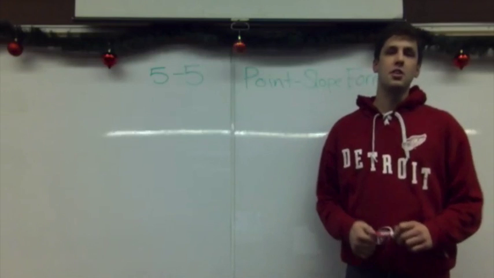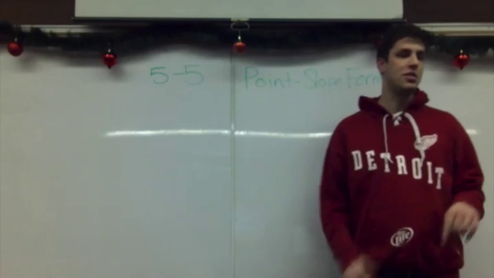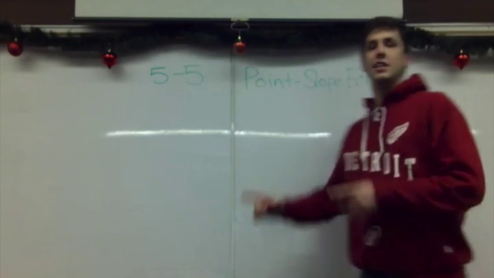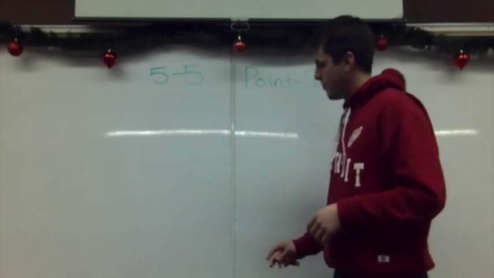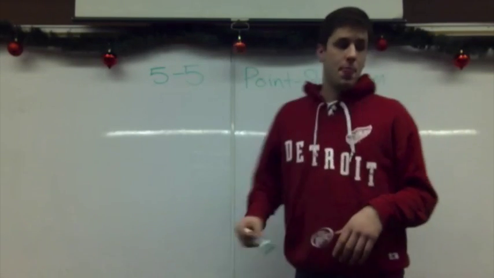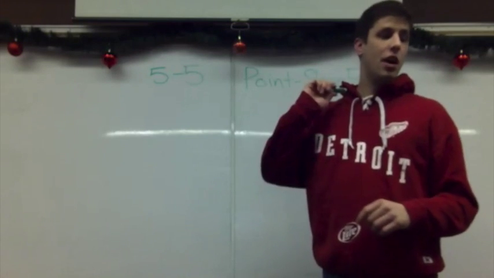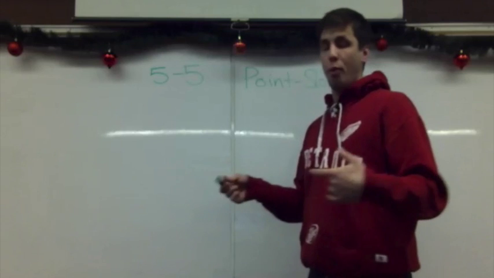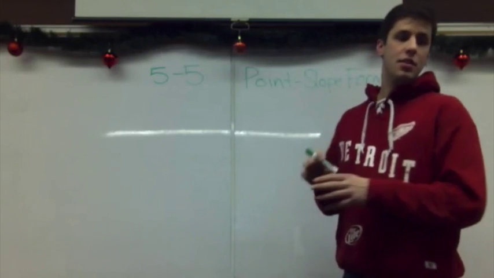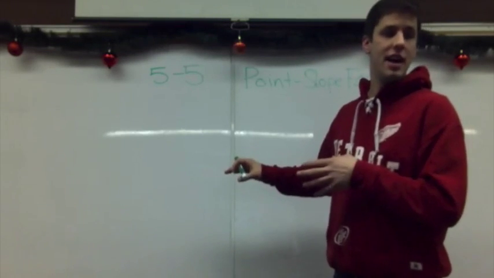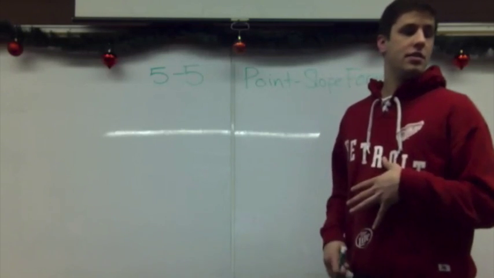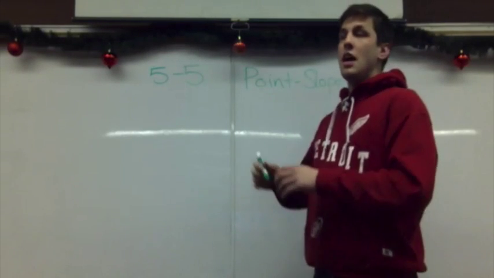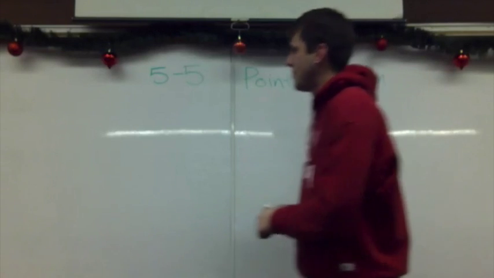All right, now we're going to talk about our use for the point-slope form. We're using it to achieve a different goal. Two lessons ago, we talked about ways to find an equation from 2 points. And we had a chart that said, gather your information.